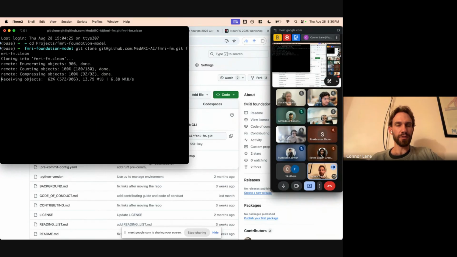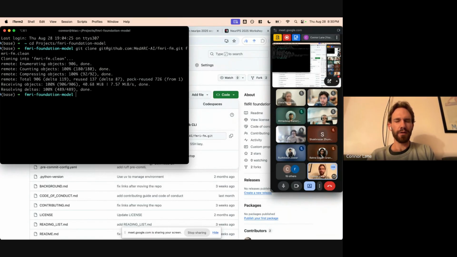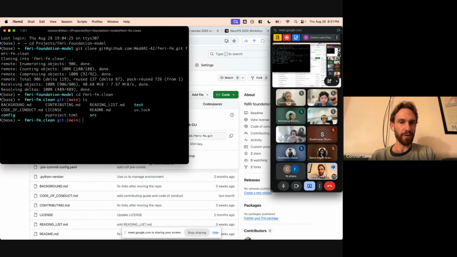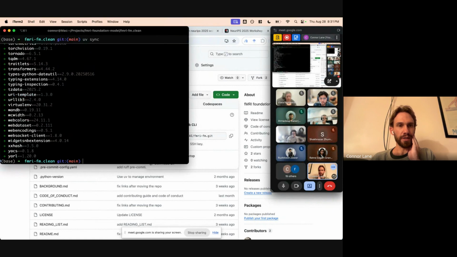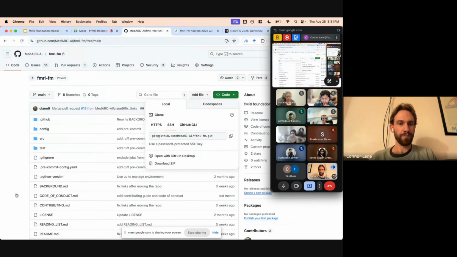And then we use UV for setting up the environments and managing dependencies. I'm sure a lot of people are using UV. If you're not, you definitely should. It's much better than whatever I was using before. So now that I've cloned the repo, you can just do uv sync, which will install exactly the environment that is used for all the experiments, so there are no clashes in versions or anything like that. And that's all there is to installing the project.